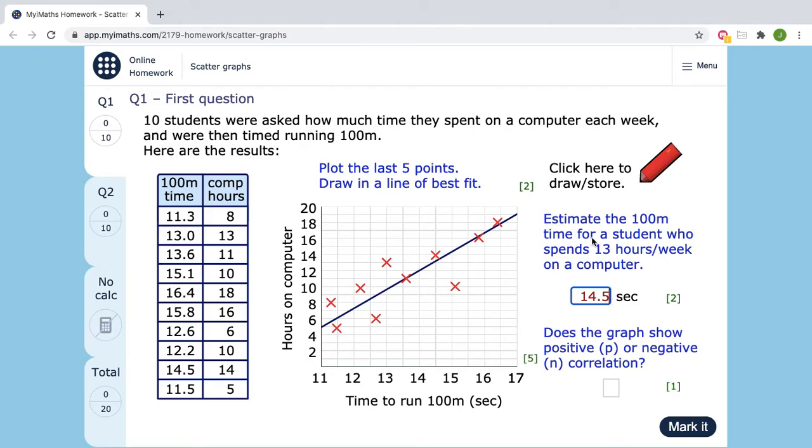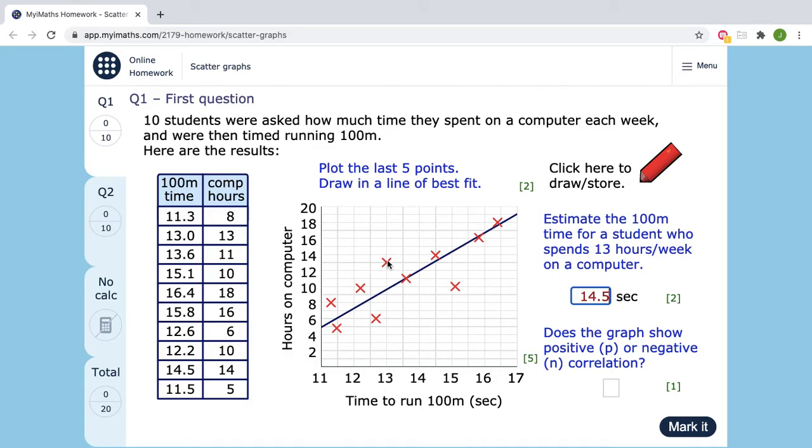Now it's a bit of a badly designed question, because there is already somebody who spent 13 hours a week on the computer, and they ran it in 13 seconds. That's this person here, isn't it?